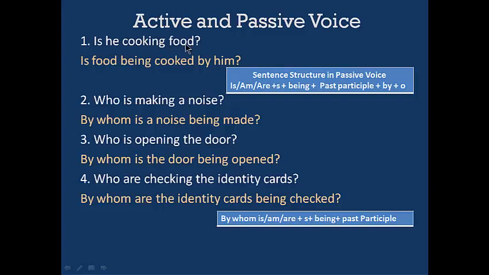So we can say that the passive sentence will be food is being cooked by him. As we know, food is, so actually we need to place is in the beginning of the sentence. Is food being cooked by him? And it will make it easier for you guys to convert interrogative sentences into passive form.